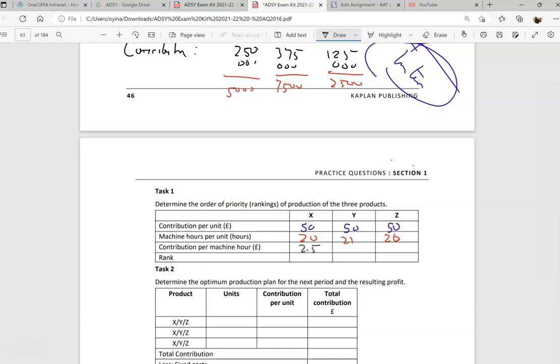So for every hour we invest in product X, we get 2.5 pounds of contribution. 50 divided by 21. I am slightly surprised that all these are perfectly 50, but it's not impossible. That's £2.38. And then 50 divided by 26, that's 1.92.